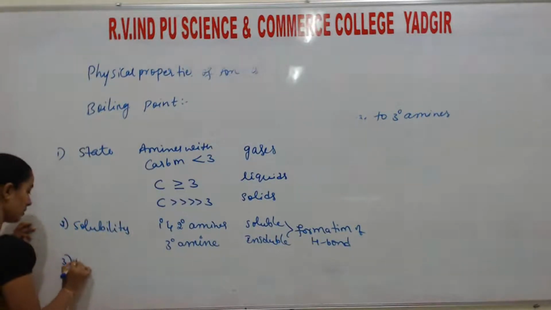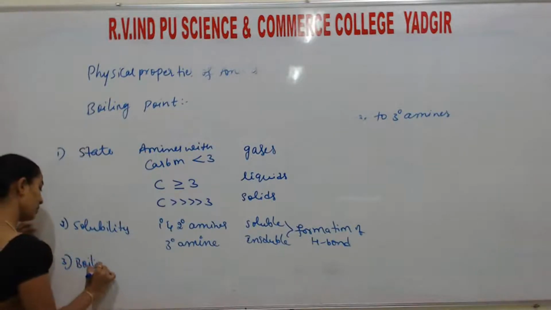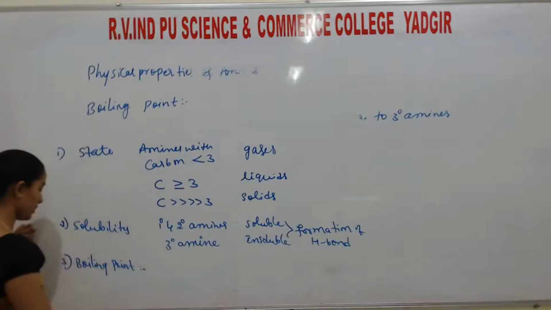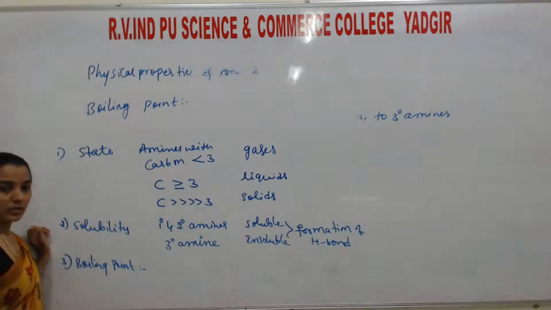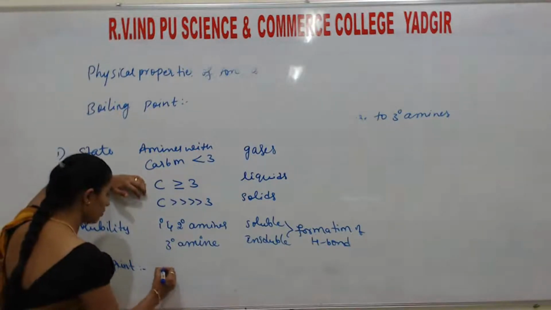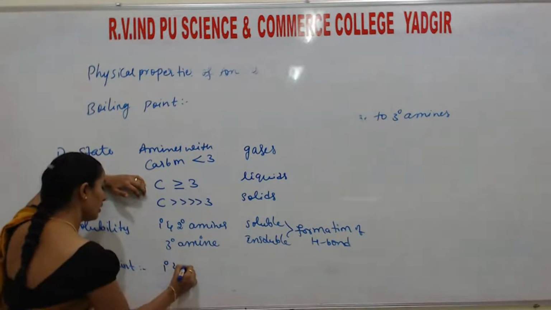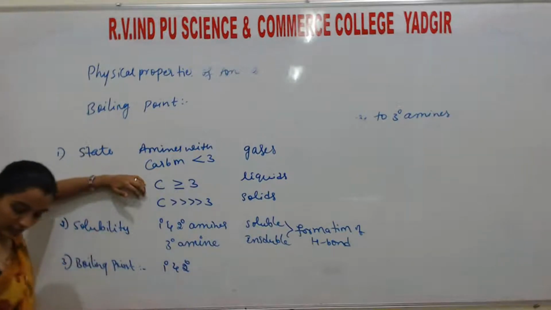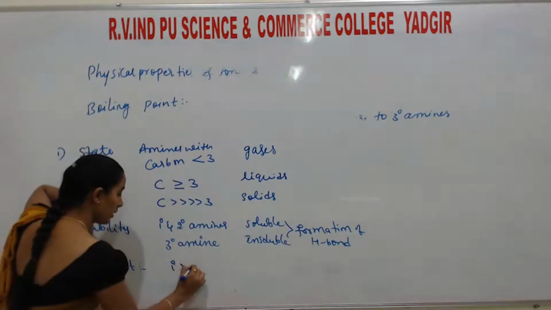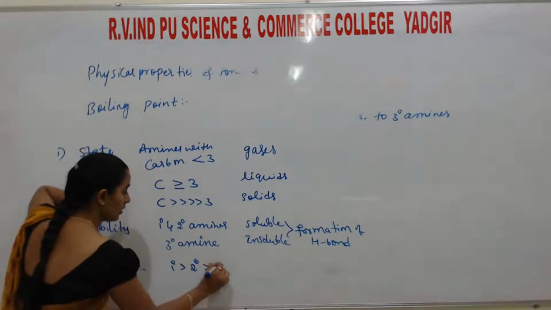And the last one is boiling point. Boiling point means, students, for primary and secondary also, it is primary greater than secondary greater than tertiary.